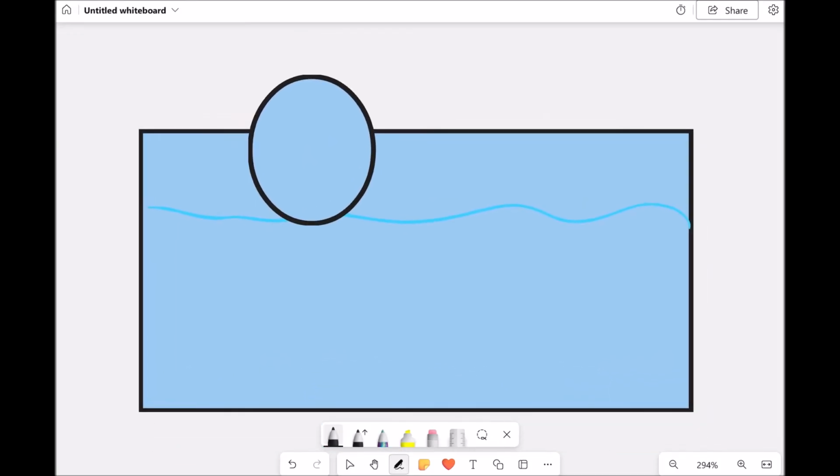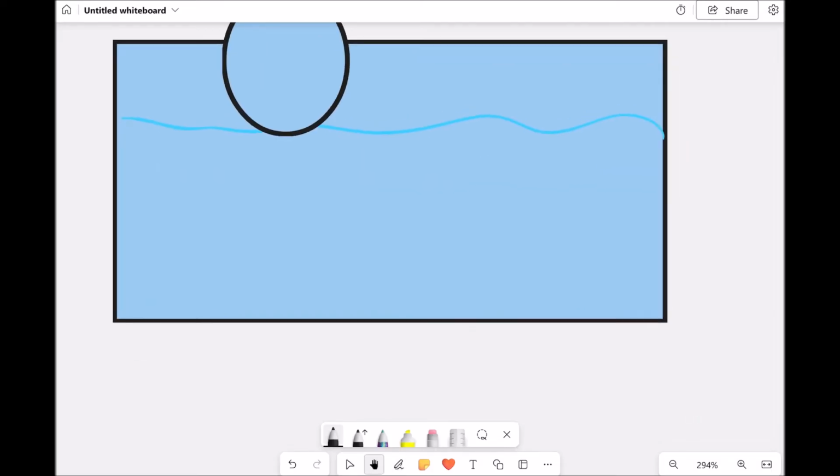The reason is, guys, because water applies a force which is opposite to the weight of the object. We call it buoyant force, okay? So let's say this is the weight of the object. We call this Fg. Fg is the weight of the object, guys.